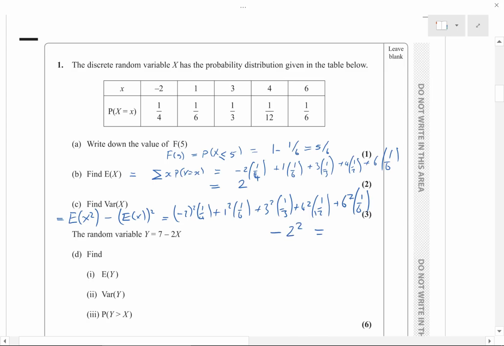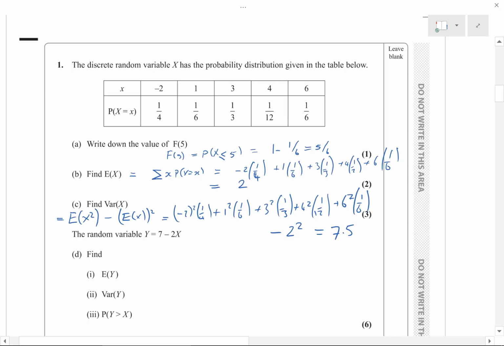Work it all out and you should get the answer 23/2. Oh no, so 7.5. 23/2 is just this bit here. So that's equal to 7.5.